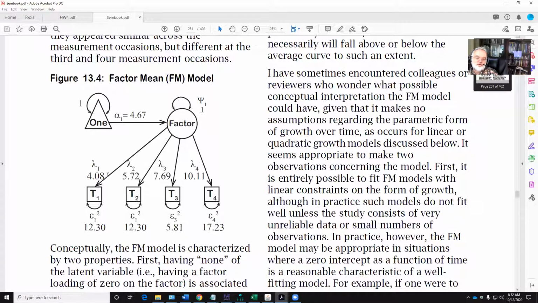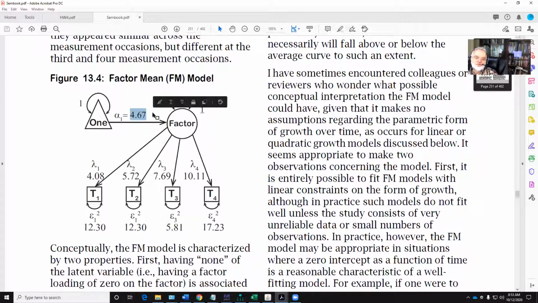So now the loadings, the variance of each manifest variable is going to be 4.08 times 1 times 4.08. And at a later measurement occasion, 10.11 times 1 times 10.11. The predicted variance of the manifest variable changes over the course of time. And up here, the factor mean is going to predict different means across time.